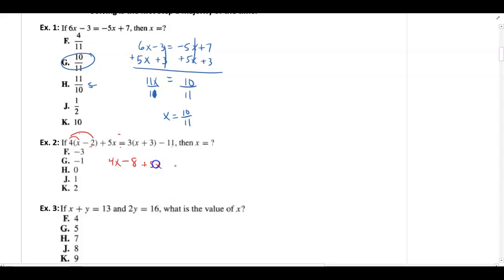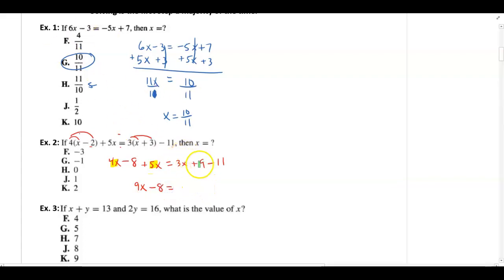Then I bring down the plus 5x equals, distribute the 3 to get 3x plus 9 minus 11. Next, on the left side of the equal sign, I'm going to combine these like terms, and 4x plus 5x is 9x. Then I bring down the minus 8.